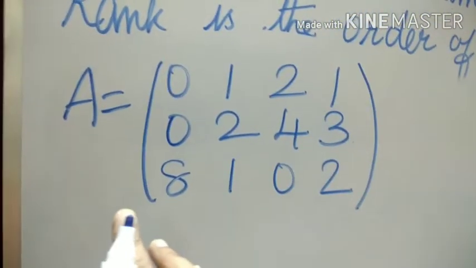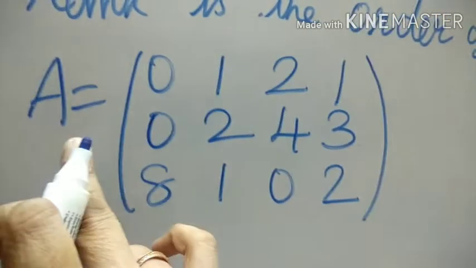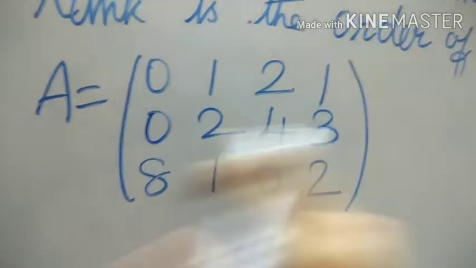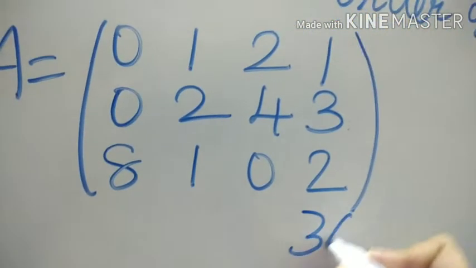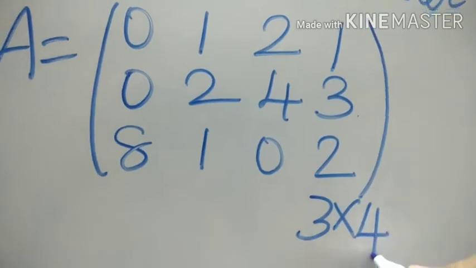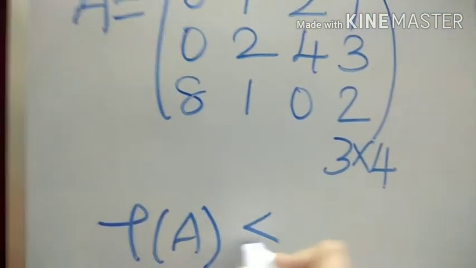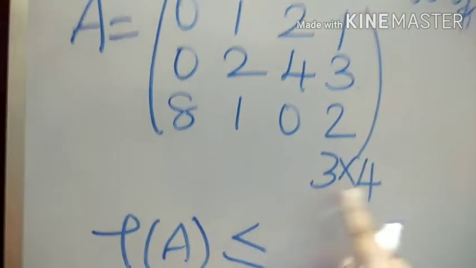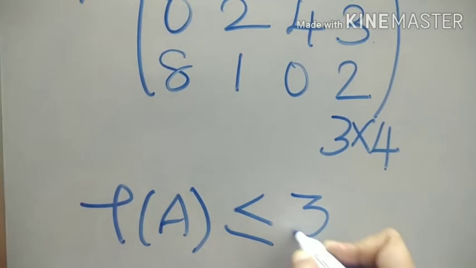Now first problem, the last section in this, we have a matrix A given as 3 rows and 4 columns. So how many rows? 3 rows, and how many columns? 4. What will I say immediately? Rank of A will be less than or equal to what? 3 or 4? The minimum number. So rank of A is less than or equal to 3.